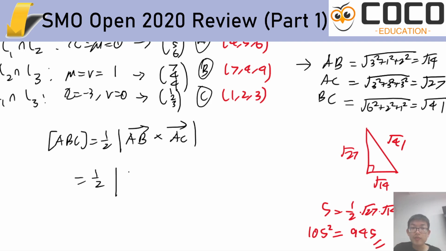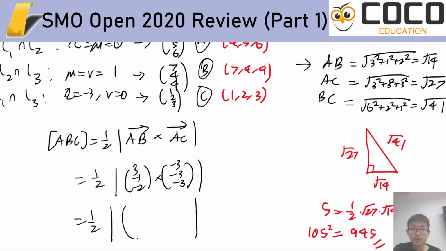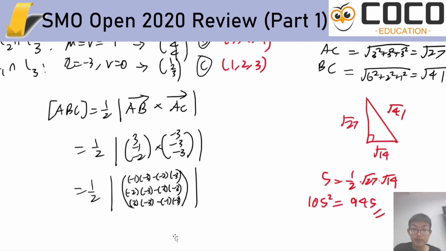Okay, so the vector AB and the vector AC. If you're not familiar with the cross product, then the way that you would do it is by what has been written on the other side.